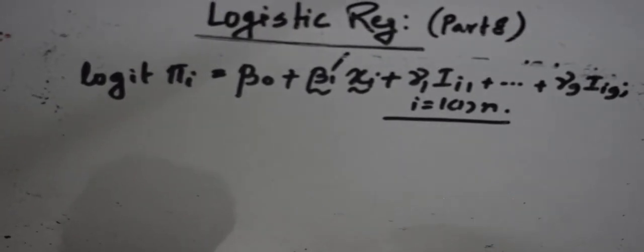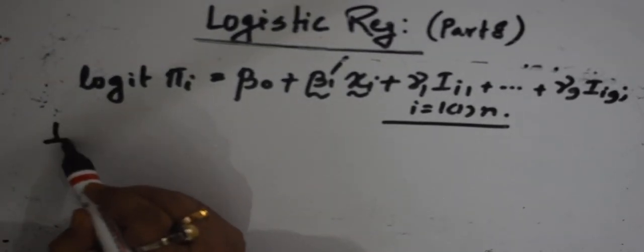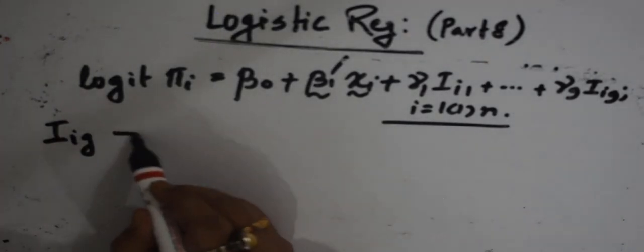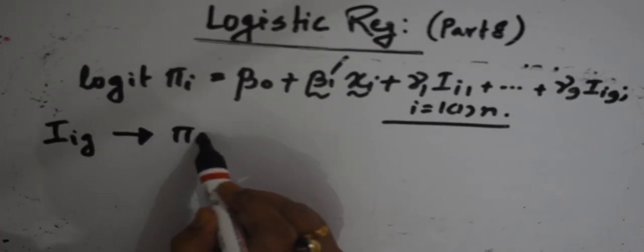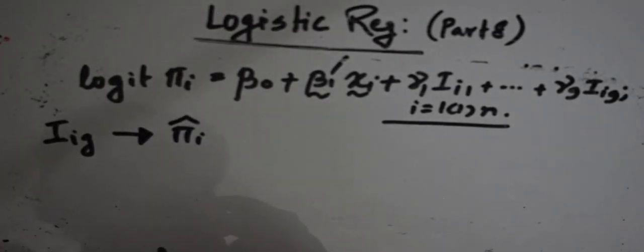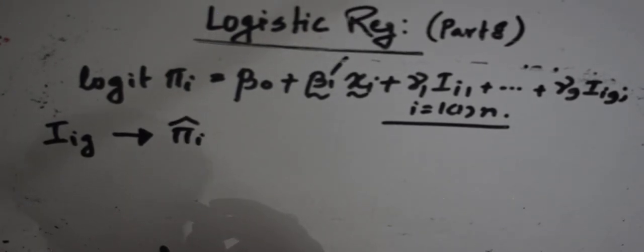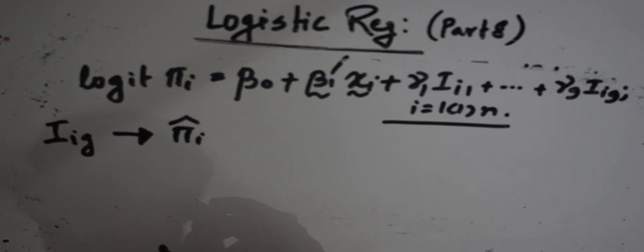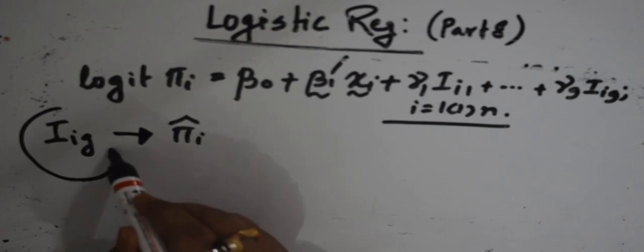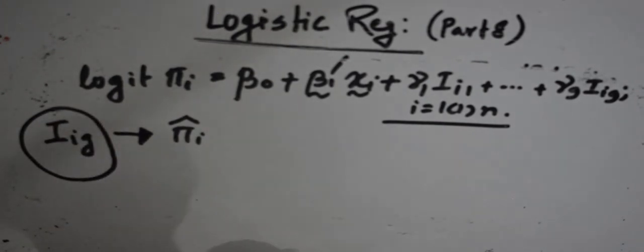Even though capital I small ig is based on random quantities pi i hat, asymptotically we can treat the partition as based on true pi i, and thus we can treat I ig as a fixed covariate.